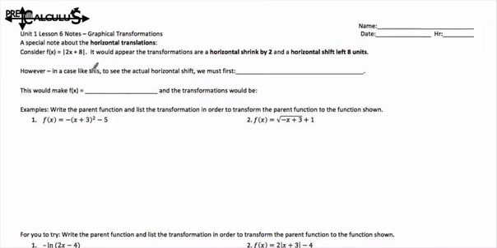However, in a case like this, to see the actual horizontal shift, we must first factor out the stretch or shrink, and I say slash because it's one or the other. We just don't know which one yet until we see the problem. Okay, this would make f of x, so we're going to factor it out.